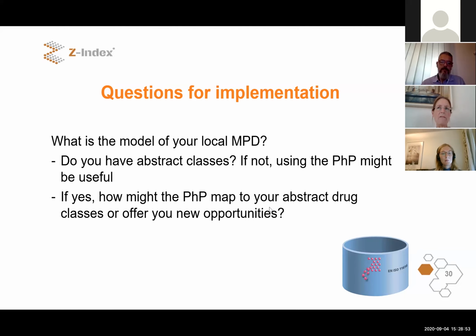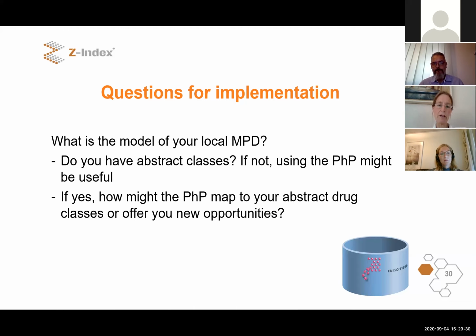But imagine that these two types of use cases cover the same things that you need, and that they are reconciled, and there is no conflict between the use case in pharmacovigilance and the use case in healthcare. Then still there are questions for the implementation of the PhP in your medicinal product dictionary. The first question is, what is the model for your local medicinal product dictionary? Do you have a backbone or abstract levels, or do you not have them at all?